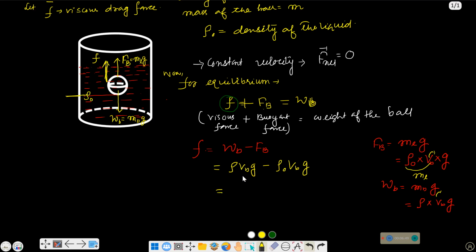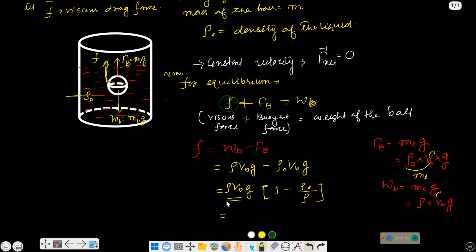Now if we take rho VB g common, we are left with 1 minus rho naught by rho, right?